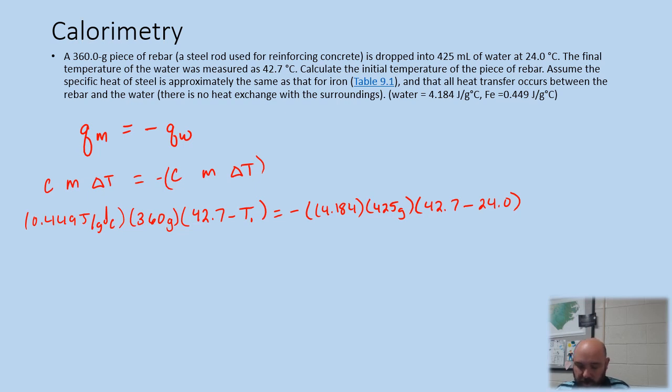I will see that 0.449 times 360 is 161.64 times 42.7 minus T sub I equals, and I'll multiply all of that, 4.184 times 425 times 42.7 minus 24.0.